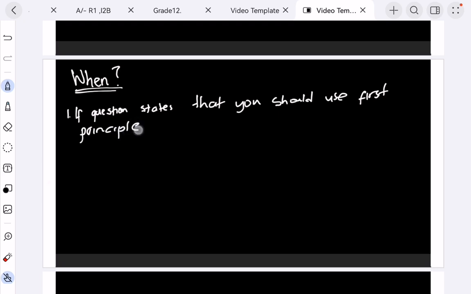Number two, which is important, if you are required to differentiate using the definition of derivative. So if they say use definition of derivative, you should know they refer to first principle.